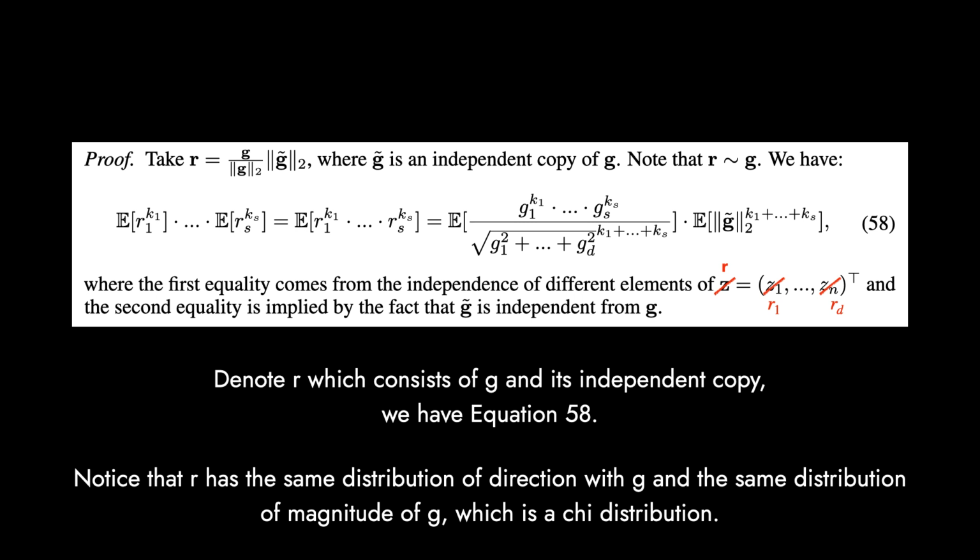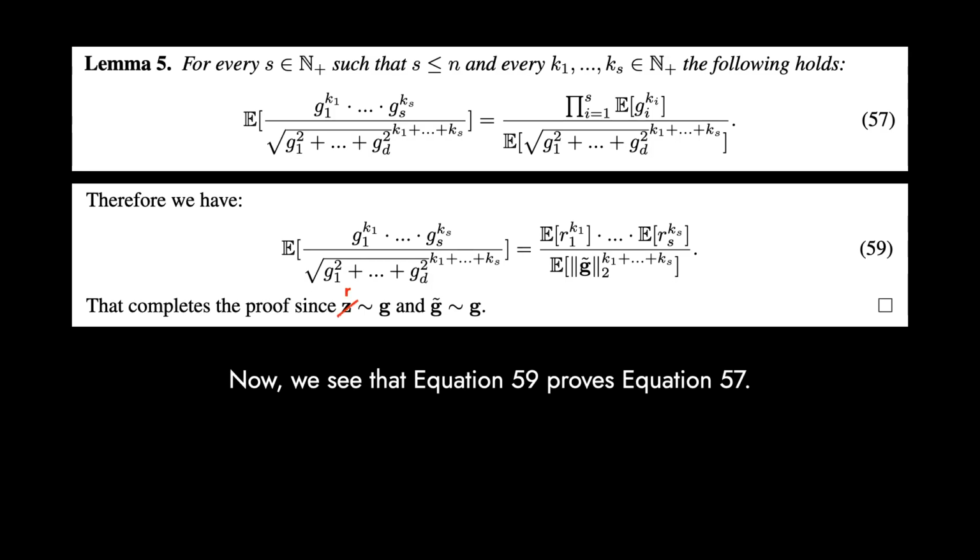We have equation 58. Notice that R has the same distribution of direction as G and the same distribution of magnitudes of G, which is actually a chi distribution. Now, we see that equation 59 proves equation 57.